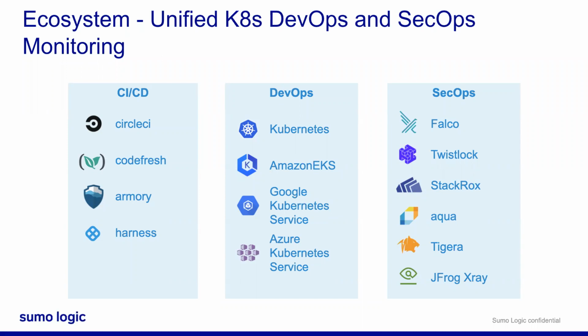Across the CI/CD side, we've got things like Circle CI, CodeFresh, Armory, Harness, all vendors who are doing great things, whose information you can pull in and see consistently within the Sumo Logic environment. As I mentioned before, we're compatible and able to pull in information from all the major cloud providers. So whether you're running it yourself on Amazon, Google, or Azure, it's all consistent. Everything is available for you there.